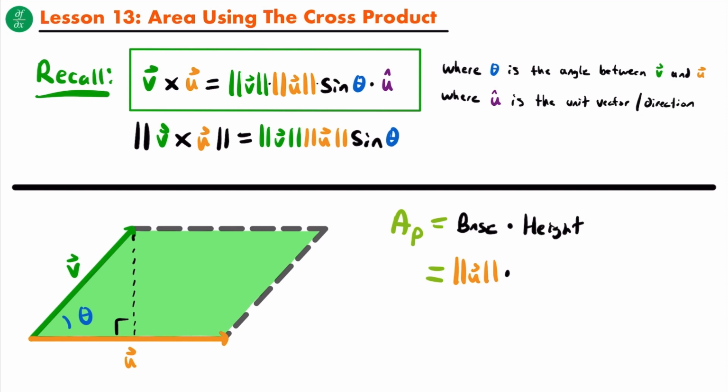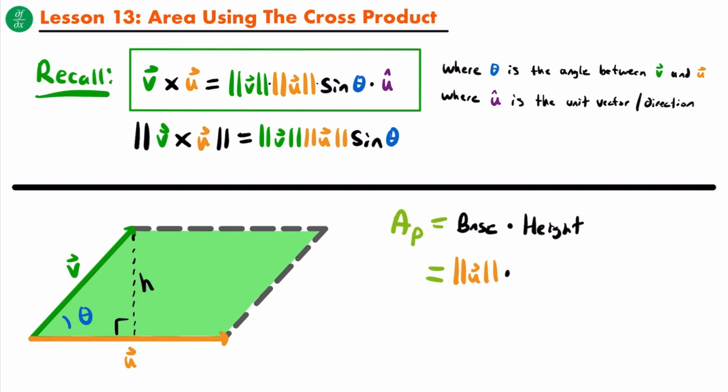And so keeping that in mind, how would we determine what this height of the parallelogram would be equal to? Well, in order to find that height, which I'll represent with h, what we can do is make use of the fact that we have a triangle here, a right triangle, formed by vector v, the height, and part of vector u, and use what we know about our trig functions that relate the sides of a right triangle to an angle, and that should help us find that height.